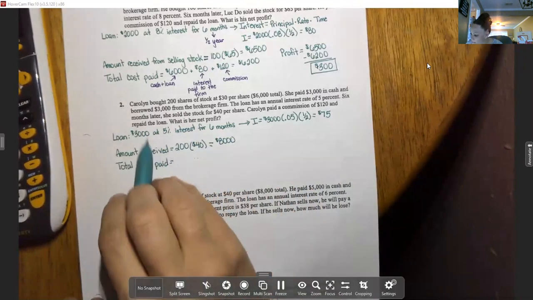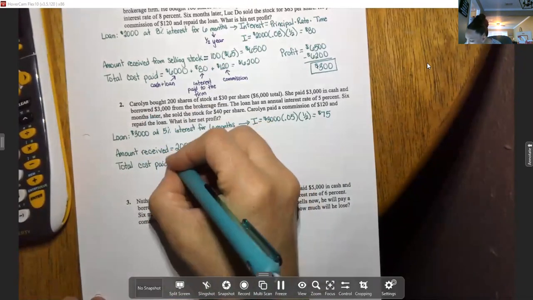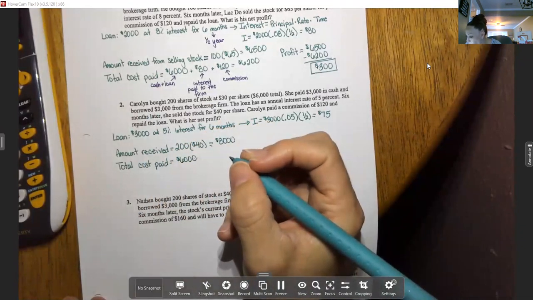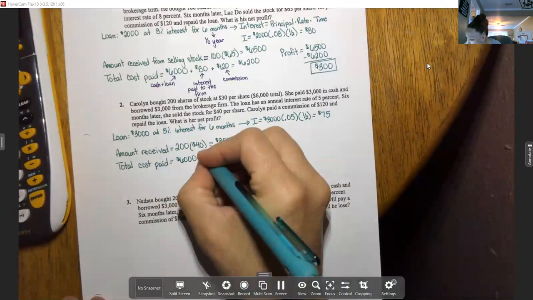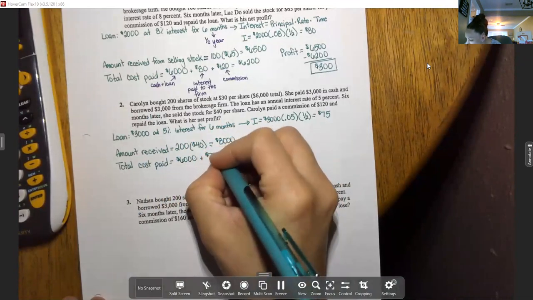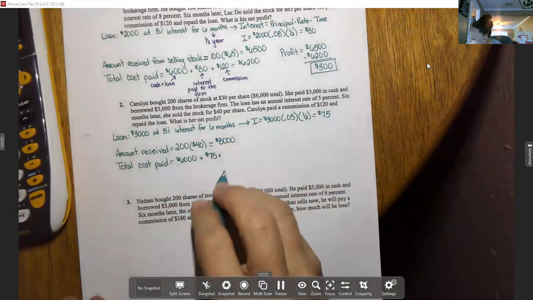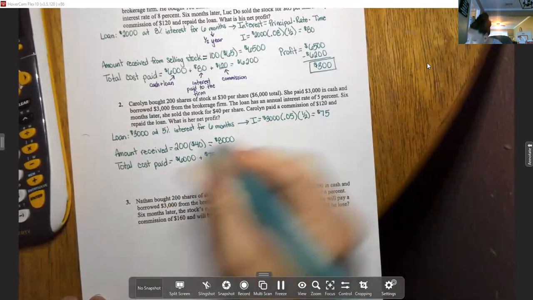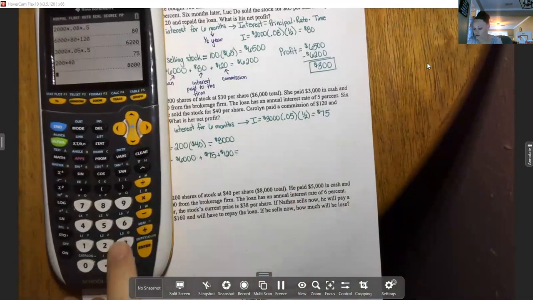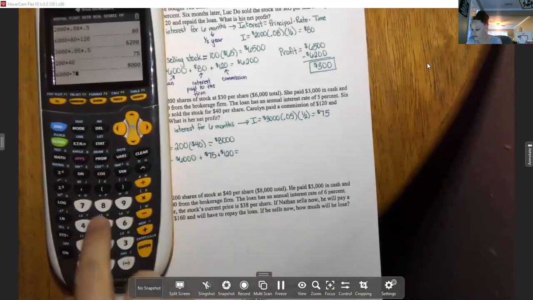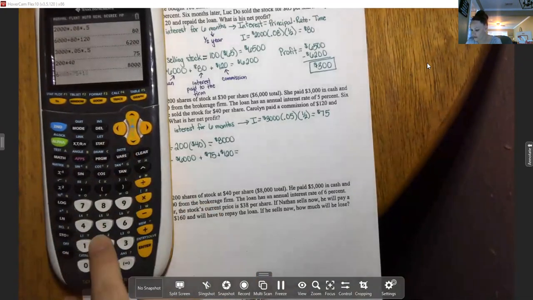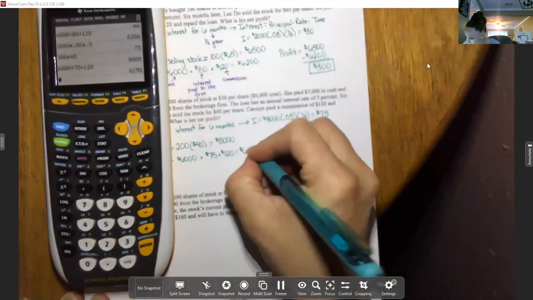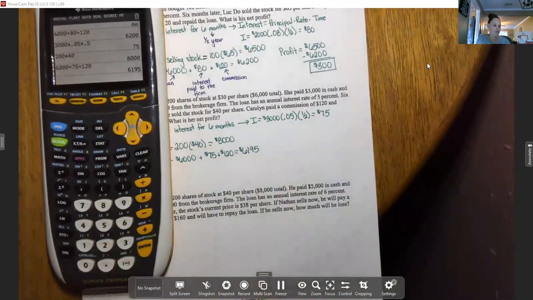So the total cost paid here, she spent $6,000 on the stock plus $75 for interest, and commission is $120. So 6,000 plus 75 plus 120 is $6,195.